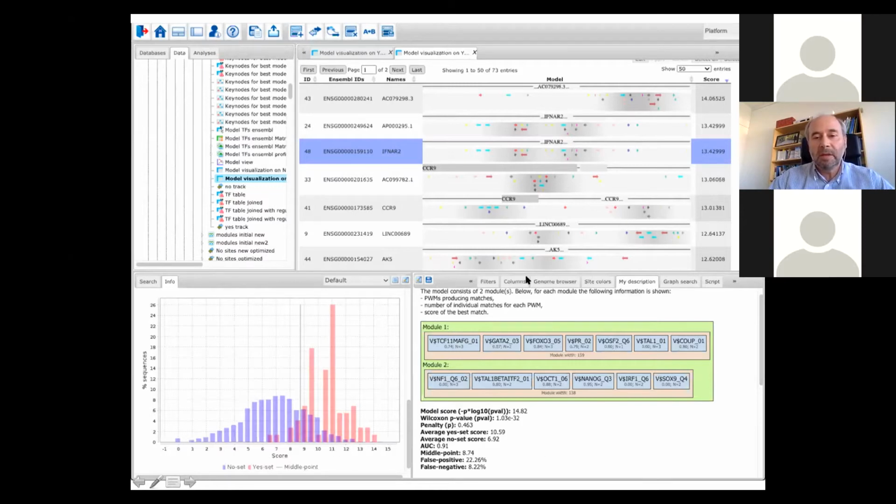So these regions around the SNPs related to a particular disease are saturated, enriched by many sites for a composition of transcription factors.